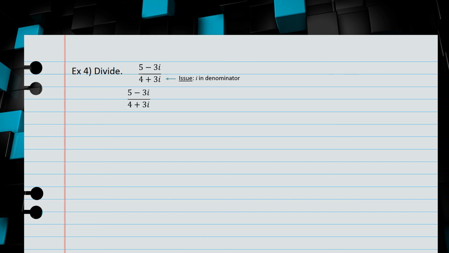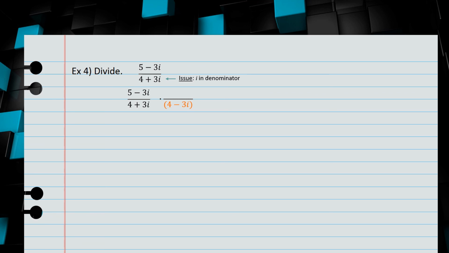Well, it means we start with the original fraction. Our focus is on the denominator. In the denominator, I have 4 plus 3i. Well, its conjugate would mean I'm going to have the same terms, but the opposite sign. So instead of 4 plus 3i, I will multiply by 4 minus 3i.